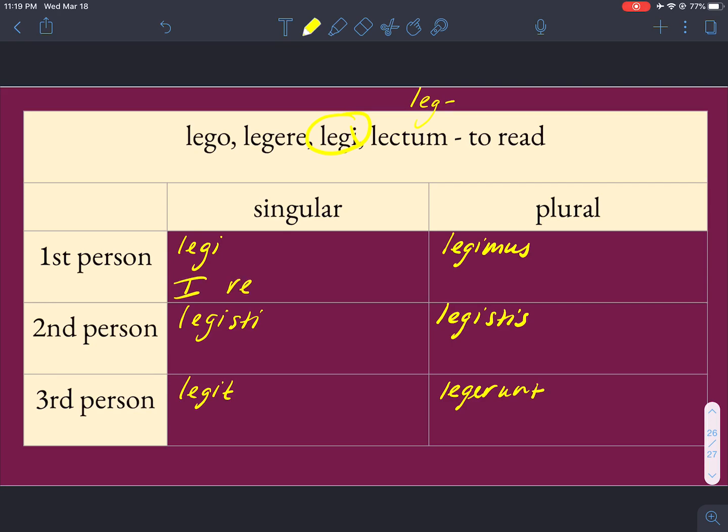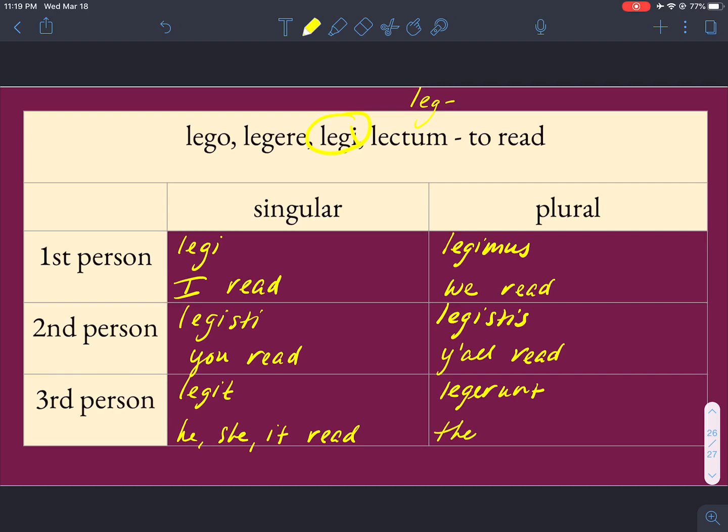I read, you read, he, she, or it read. Okay. We read, y'all read, and they read. Okay, so those are all the answers for the practice problems.